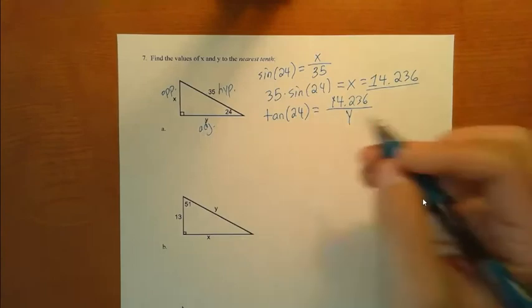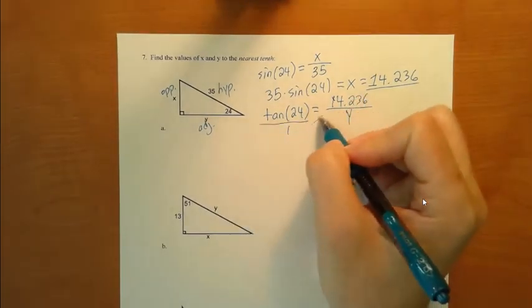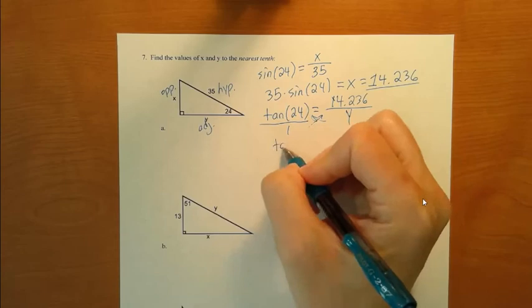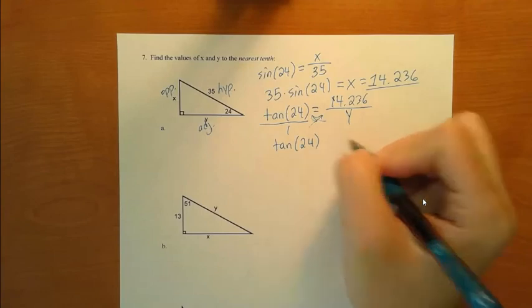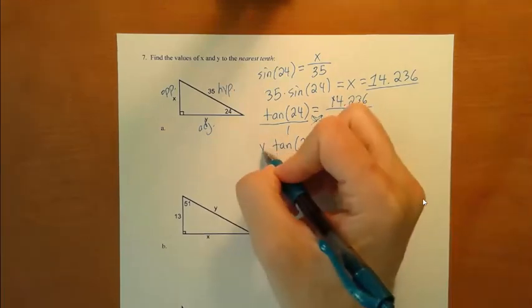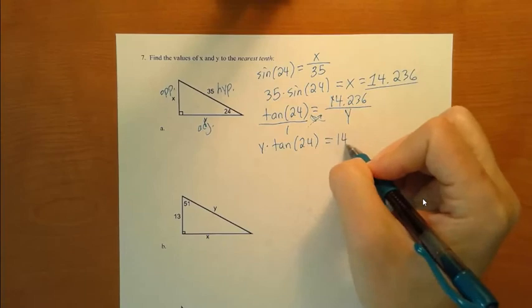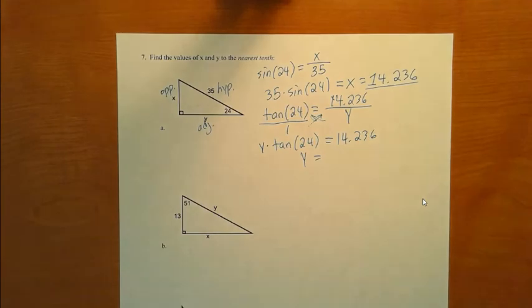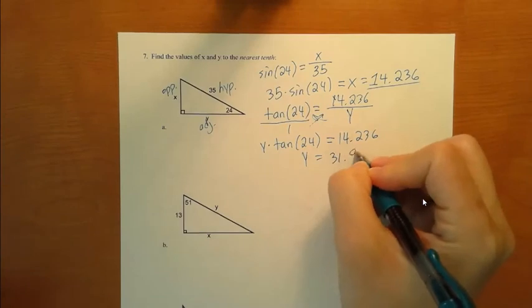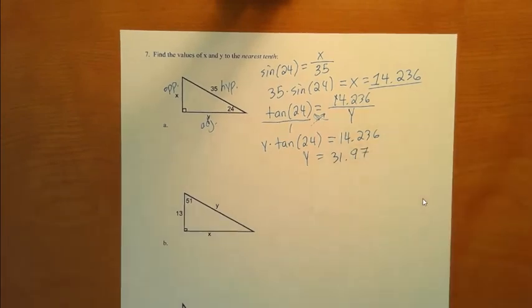So now, like before, we're putting that over 1 and cross multiplying so that I have tangent of 24 times y is equal to 14.236. And that means that our y value is going to be 14.236 divided by tangent of 24, which ends up as 31.97 for y.